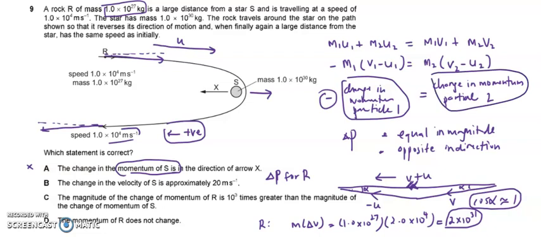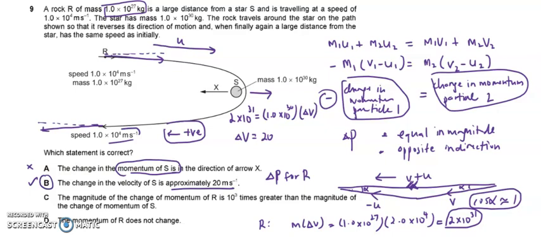So the change in momentum for S must also have the same magnitude, 2 times 10 to the power of 31. So the mass of S is 1 times 10 to the power 30 multiplied by the change in velocity. So therefore, the change of velocity is approximately 20 meters per second. All right, so this is the correct answer.